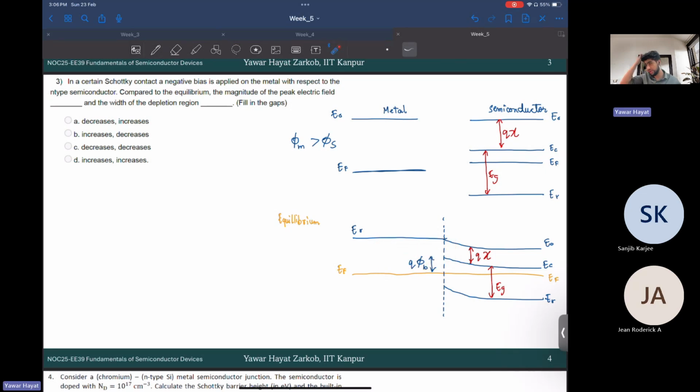In the question, we have been asked to comment upon the magnitude of the electric field. So this is how E varies.